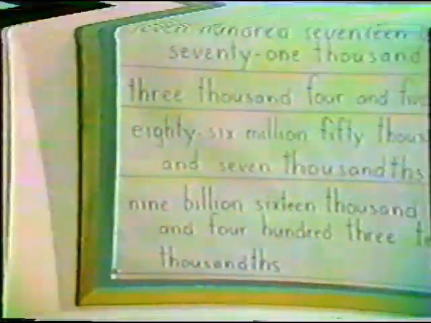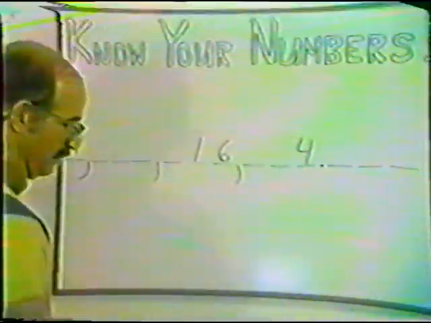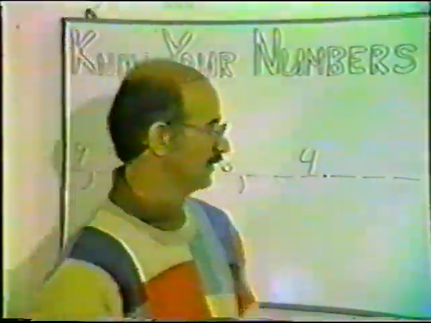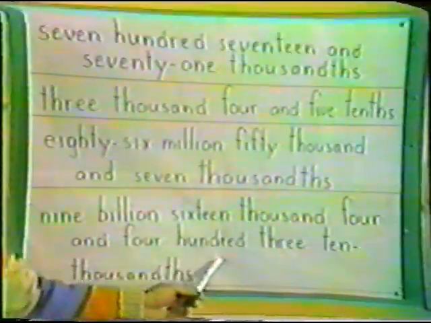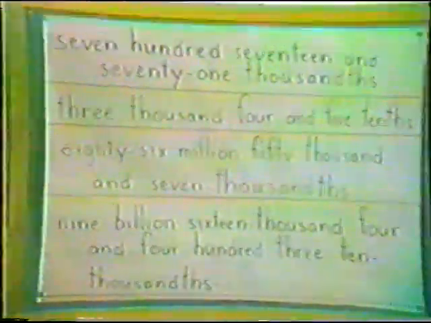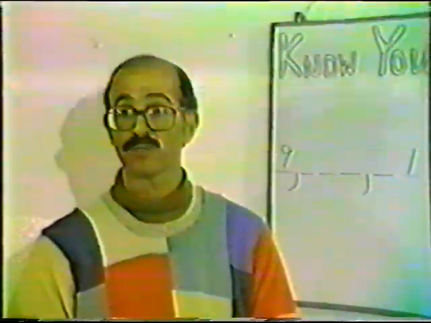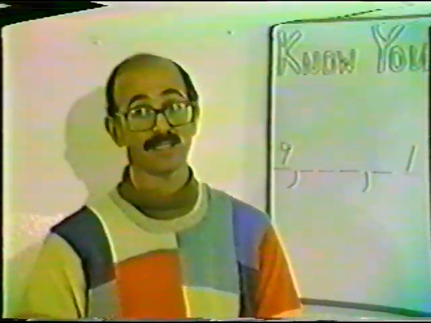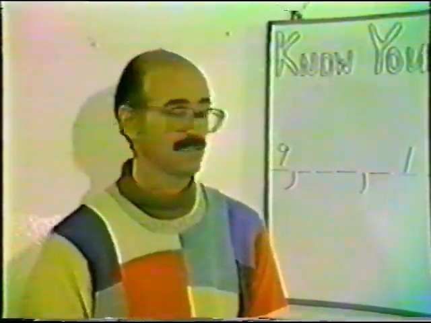9,016,004. Well, we know where to put the 4. That's just 4 ones. What else? And 403/10,000. We have to write the number 403, and it has to end in the 10,000th place.